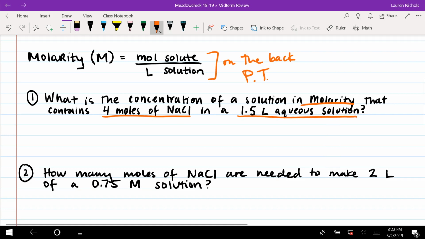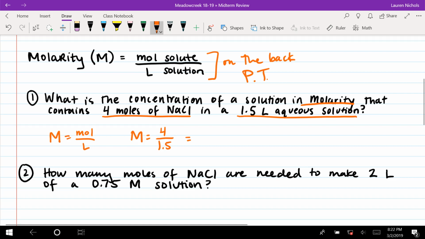First thing we do is write down our formula. They're looking for molarity, so M is equal to moles divided by liters. What numbers do we have? We don't know M, so I'm just going to rewrite it. We do know our moles, 4 moles, divided by our liters, which is 1.5.